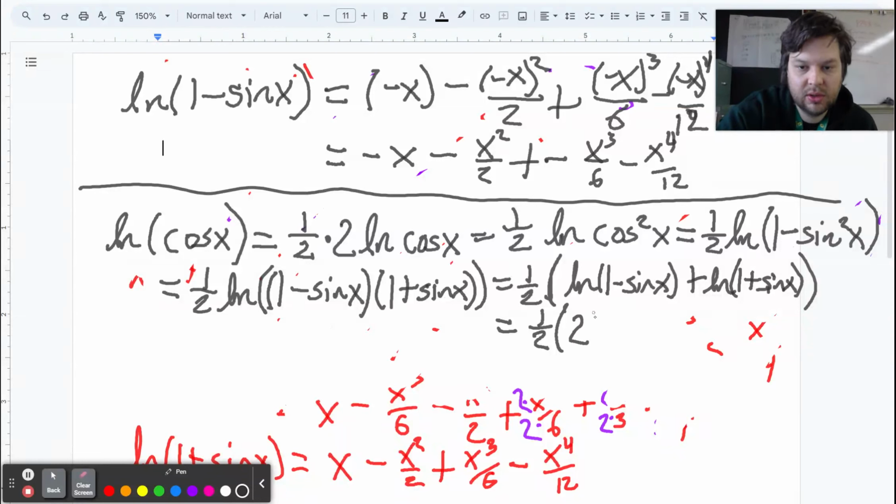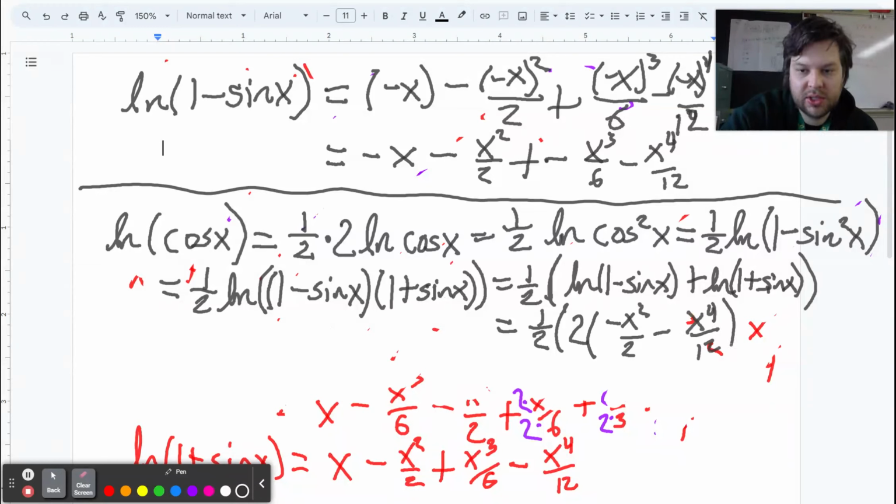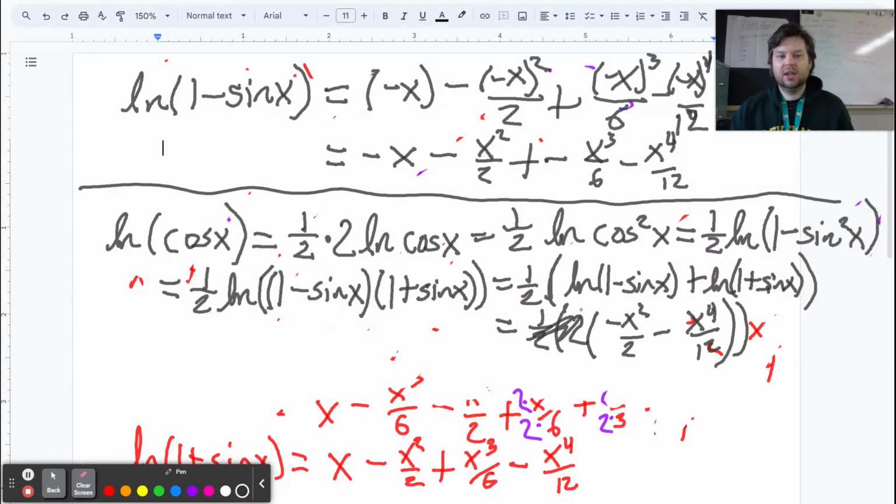So 2 times the even terms. Negative x squared over 2, negative x to the fourth over 12. And we're still only going up to the fourth power, and so the 1/2 and the 2 cancel out. And so I have a wonderful answer for the natural log of cosine x.